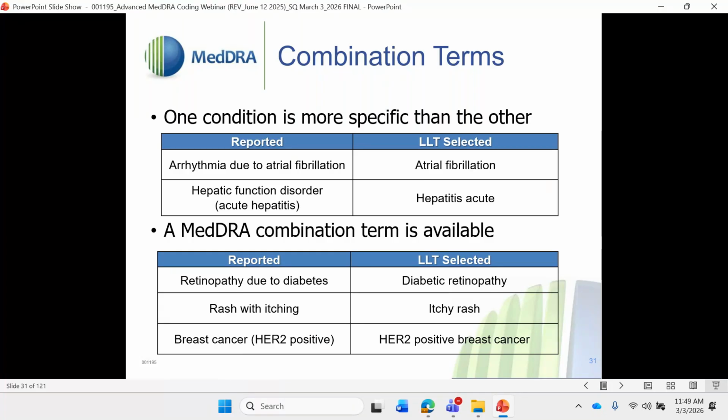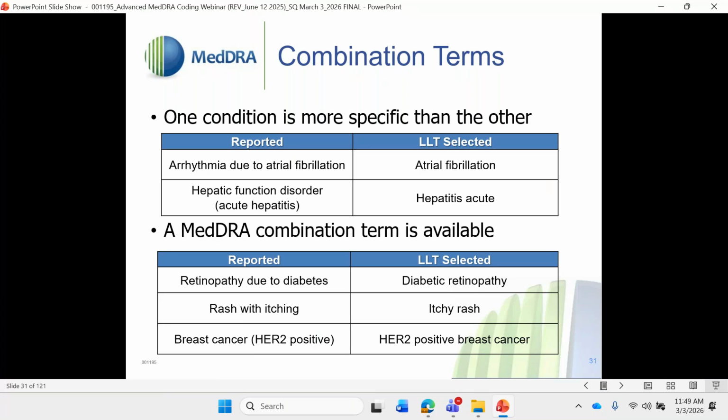In the second principle, they tell you to choose a MedDRA combination term when one is available. Okay, so in your first verbatim string, you have retinopathy due to diabetes. Now, some of you who are less experienced would say, okay, I will capture one term that reflects retinopathy, and then I'll capture the diabetes as a separate term.